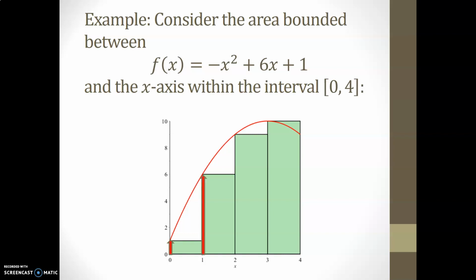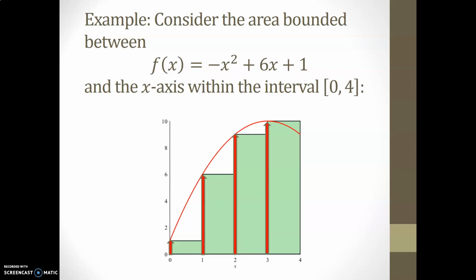And arbitrarily, I've decided to make my rectangle's height correspond to the function's value at the left-hand side of each bound. So for instance, in the interval 0 to 1, the function's value at 0 determined the height of my rectangle. In the interval 1 to 2, the function's height at 1 determined the height of the rectangle, and so forth.